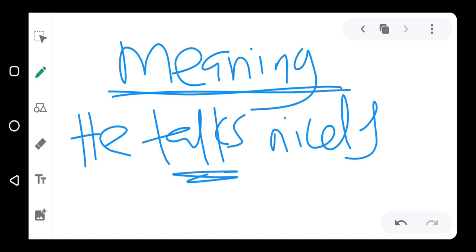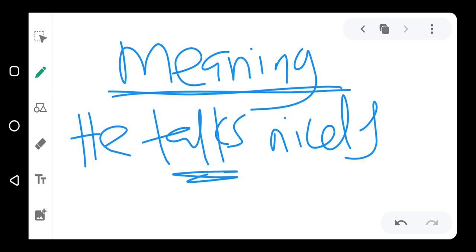If we are talking about how a verb performs its action, then we'll be talking about adverb of manner, the manner that the verb performs its action. And if we're talking about why a verb performs its action, then we'll be talking about adverb of reason.